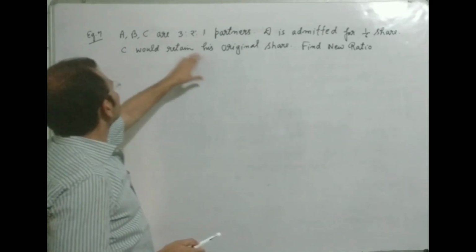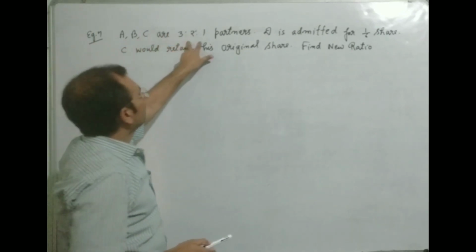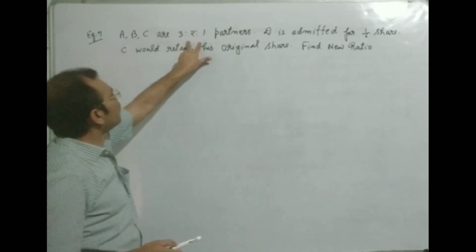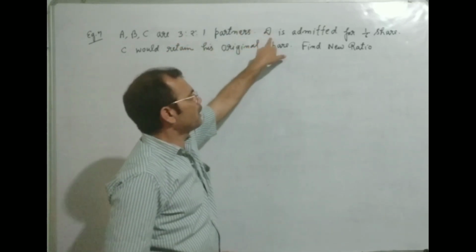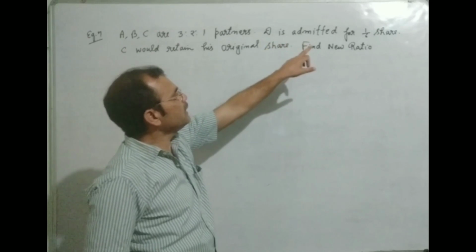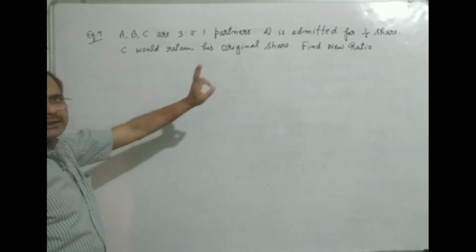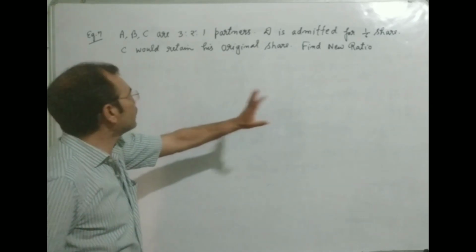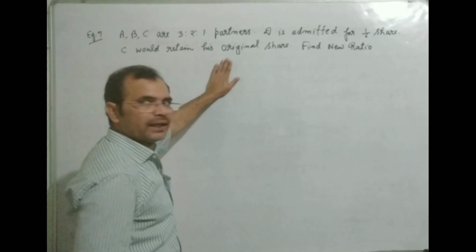Find the new ratio. The old partners are A, B, C, and they divide their profit in the ratio 3 is to 2 is to 1. D is a new partner in this question and he will get 1/6 share. This is one condition, and the other condition is that C would retain his original share.